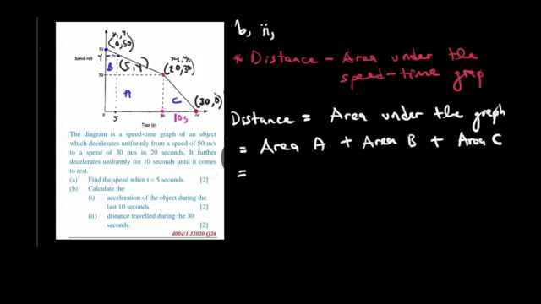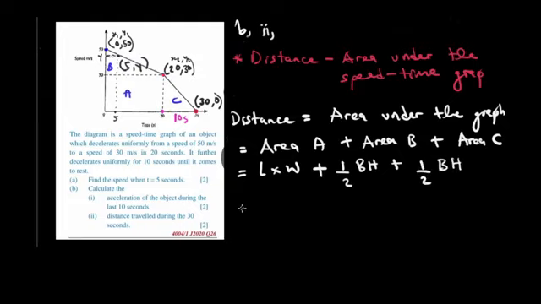A is a rectangle, so the area is given by length times width, plus what is the area of B? B is a triangle, it's half base times height, plus C is also a triangle, so it's half base times height.